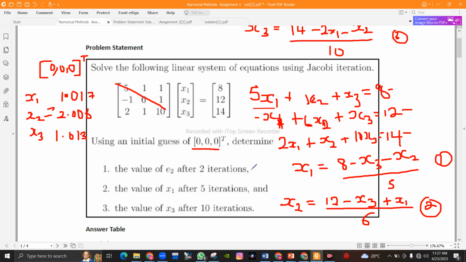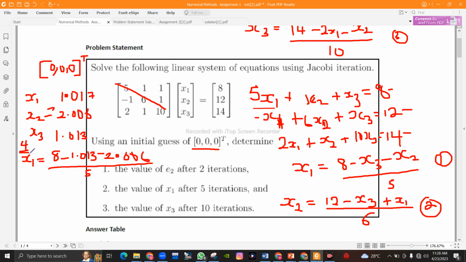Same way again, I'm going to calculate all our values. x1 now will be equal to 8 minus x3, which is 1.013, minus x2, which is 2.006, divided by 5.